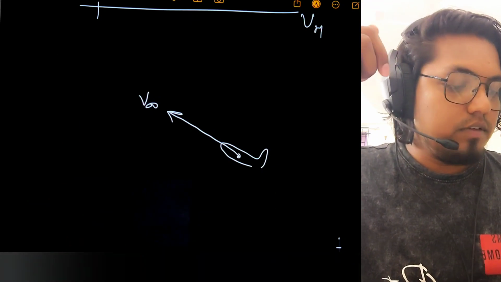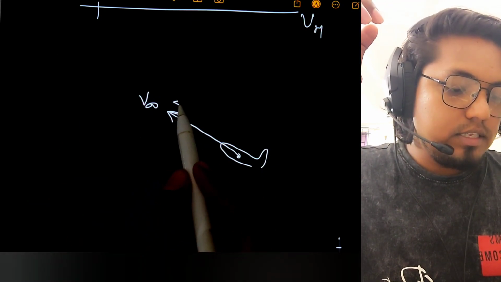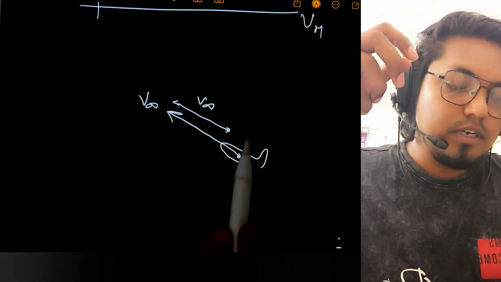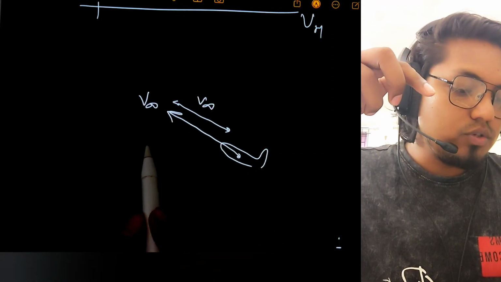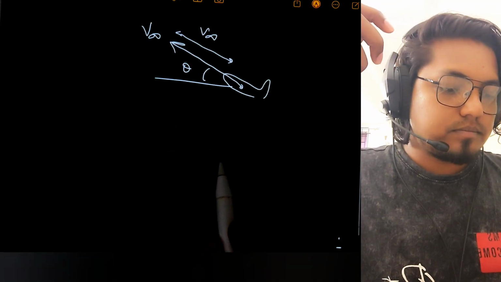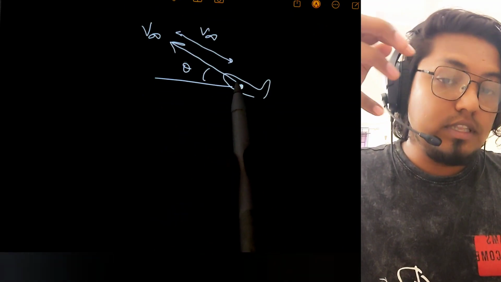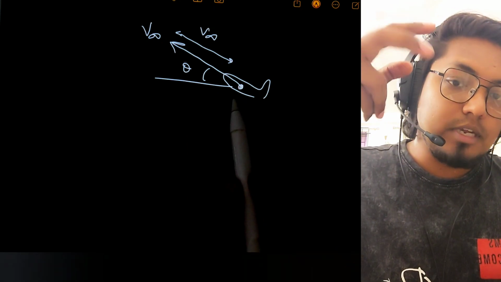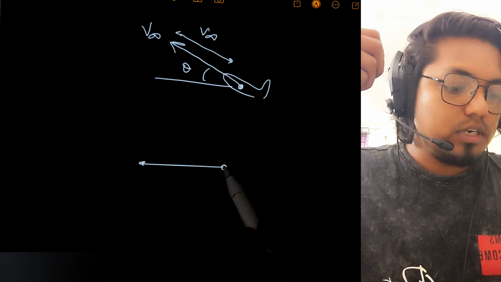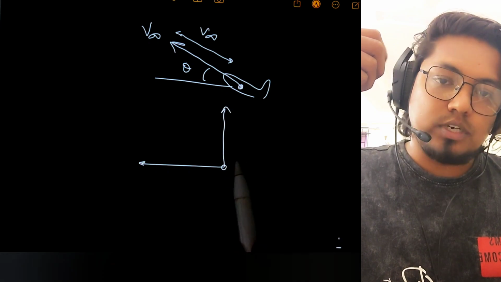Now if I consider the length of the velocity vector as V infinity, and from the horizontal this angle is theta, then this aircraft, when climbing, is not only climbing, it is doing two more things. It has horizontal motion and it also has vertical motion, right?